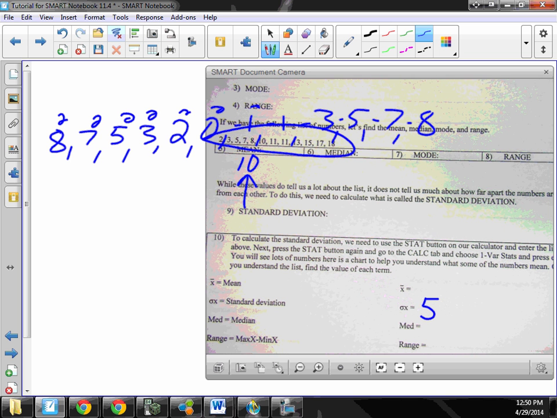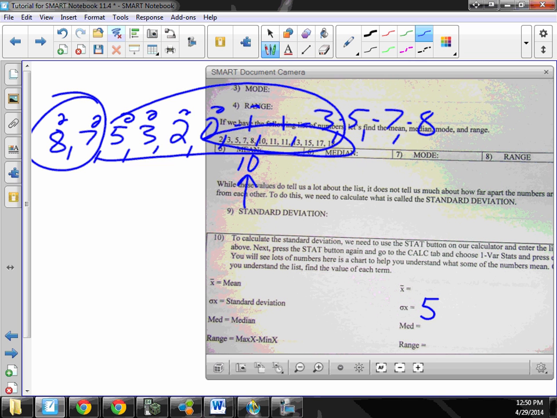What that means is the numbers in the list, on average, are 5 units away from 10. Some of them are further than 5, and some of them are closer than 5. So these are further from 5, these are closer, and those are further from 5 than from 10.